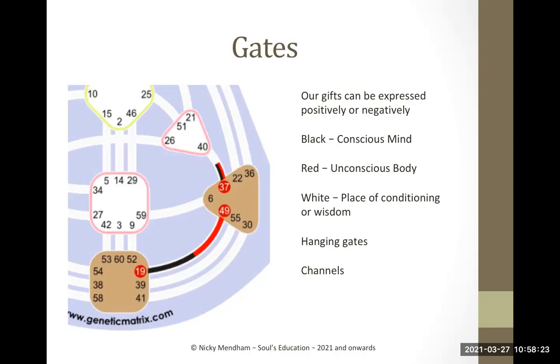The white is the place of conditioning or wisdom. And then when each of these link up, so say for example here, the 19th and the 49th link up together within one person, this is what is called a channel. So it's not looking for the other personality to this. They all have a deep connection with each other.